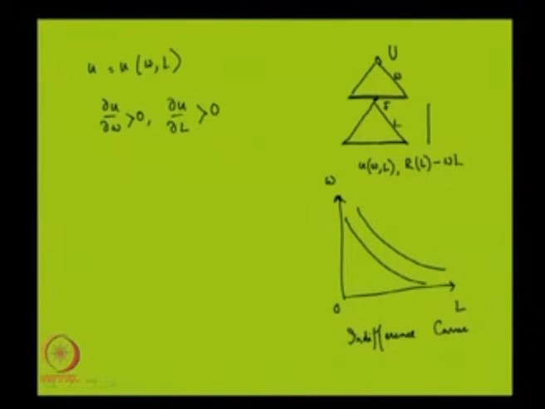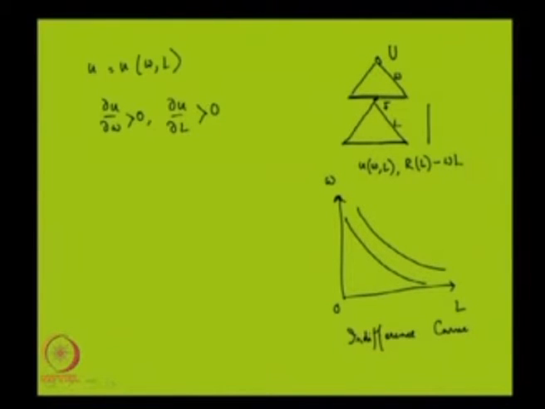So, the idea is that along any of these curves, there could be an infinite number of such curves which are parallel to each other. Along any such curve, the payoff of the union remains constant. So, that is why we are calling them the indifference curves. Union is indifferent between 2 points on the same curve.